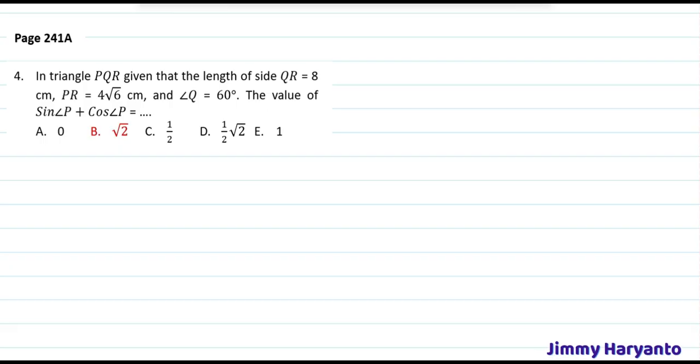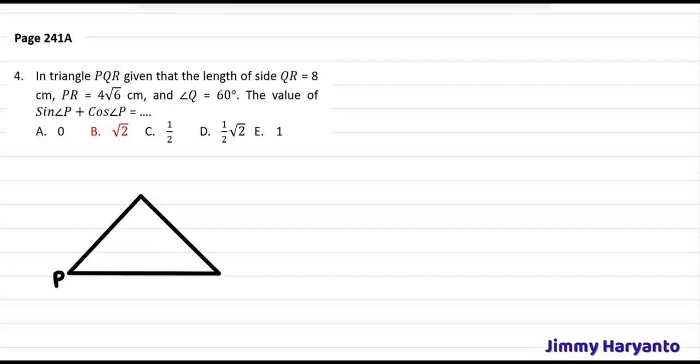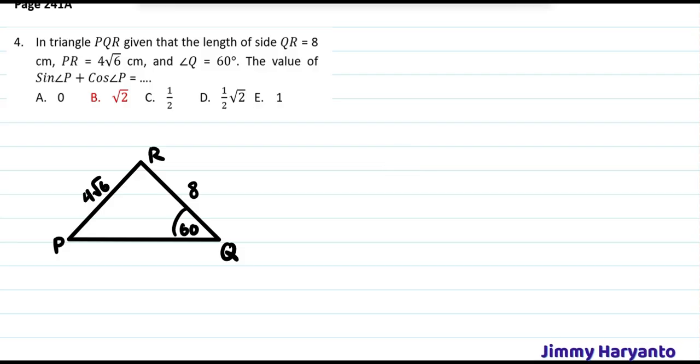And then the next one is question 4, PQR. Okay, so let's draw the triangle first. Let's say this one is P, this one is Q, and this one is R. QR equals 8, and then PR equals 4 square root of 6, and then Q is 60 degrees, and the question wants you to find the value of sine P plus cos P. Okay, so we have to find the sine of that angle.